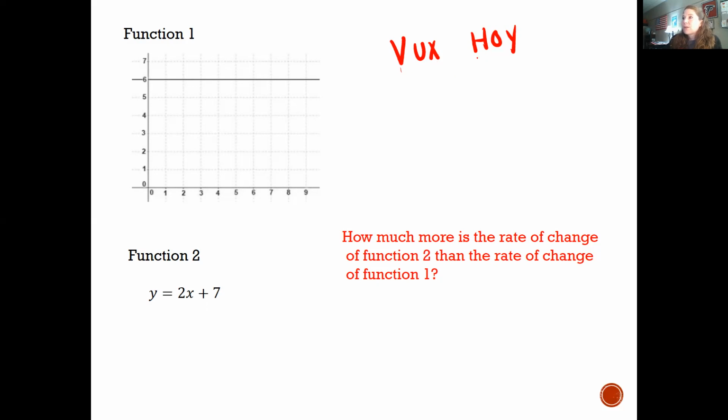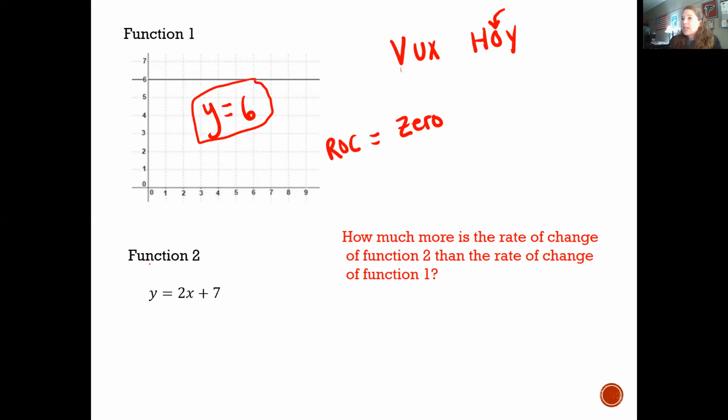Hoy means horizontal lines have a slope of 0 and there's only a y in the equation. Well, this is a horizontal line. It's at y equals 6, so that's the equation of this line. And what is the slope or the rate of change? It's 0. The rate of change is 0.